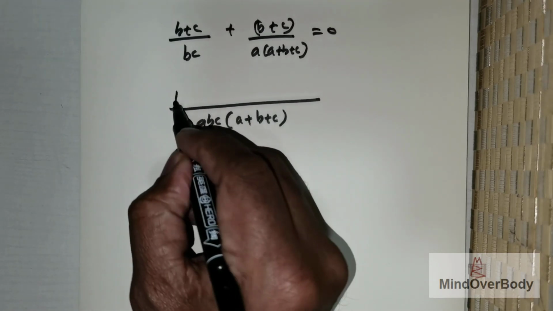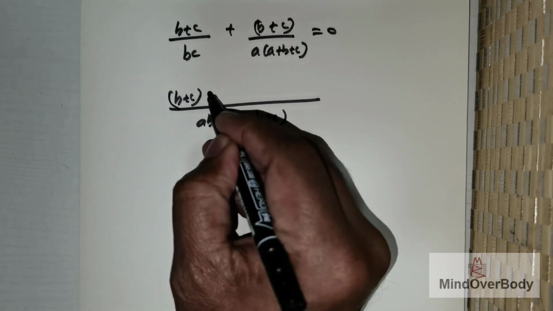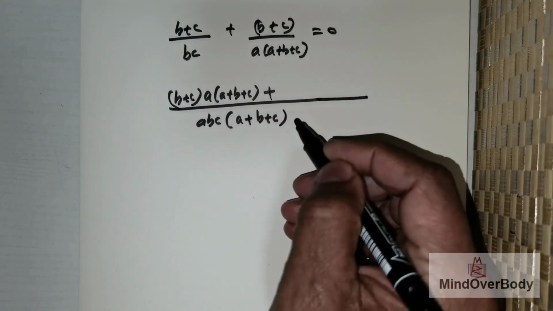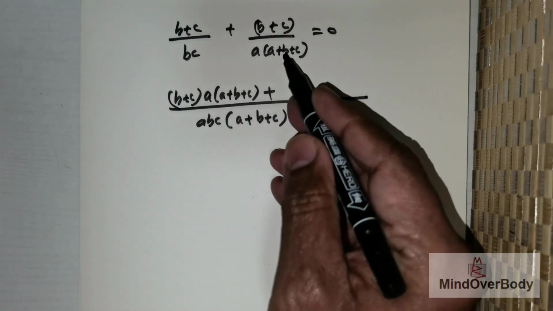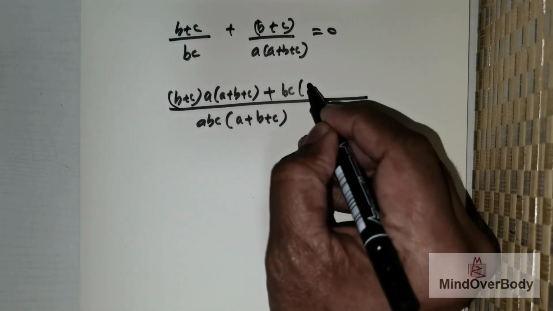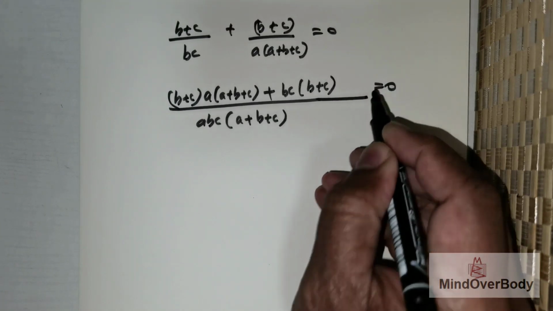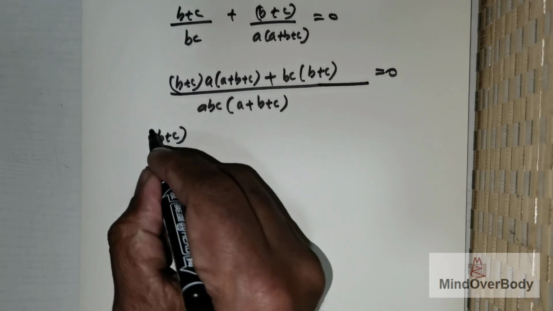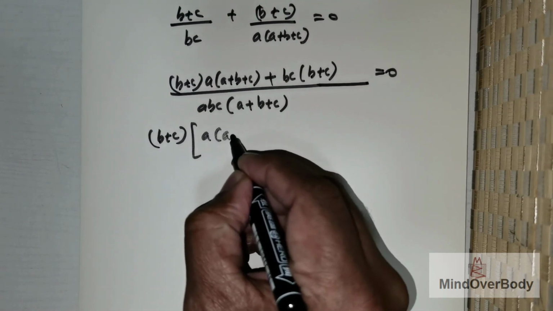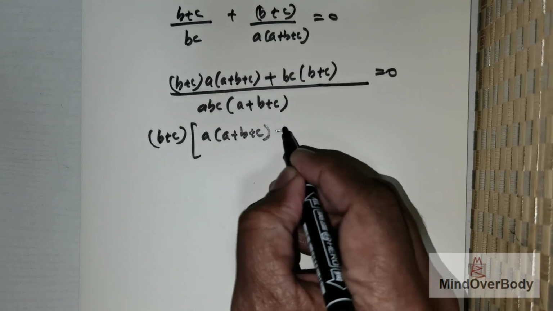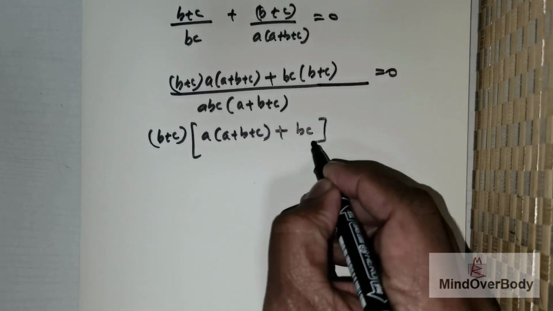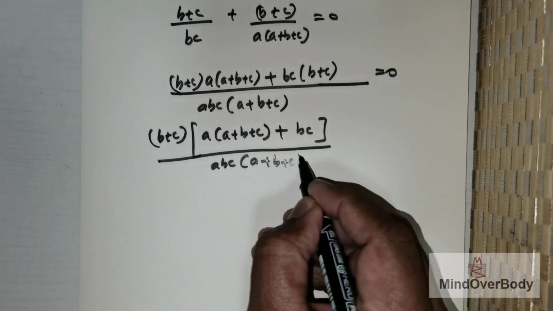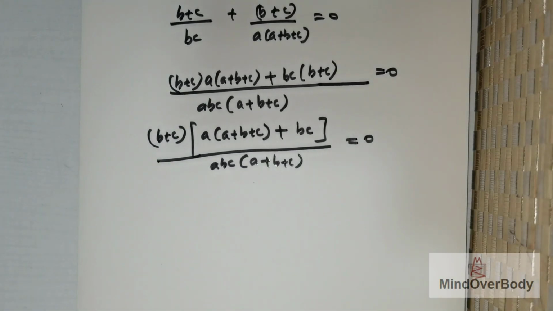So this one would give me (b + c) times a(a + b + c), and this one would give me bc(b + c) = 0. Now I can take b + c out and rewrite this as (b + c)[a(a + b + c) + bc] over abc(a + b + c) = 0.